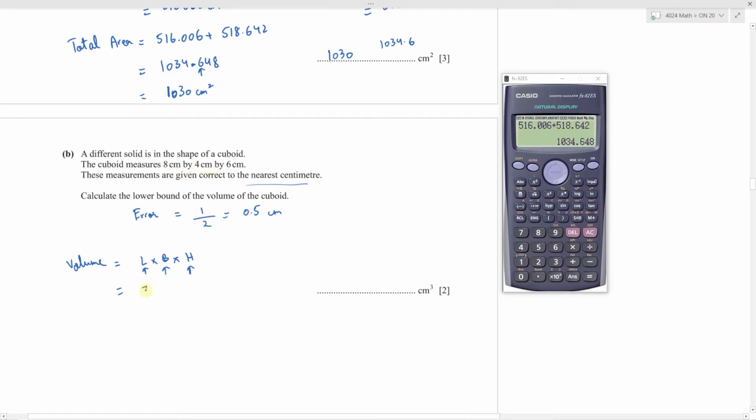So this will become 7.5 multiplied by 3.5, and 6 minus 0.5 will be 5.5. So this will be your lower bound volume. 7.5 multiplied by 3.5 multiplied by 5.5 is 144.375. So this is the value for the lower bound of the volume.